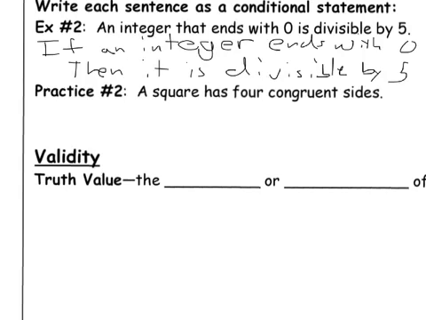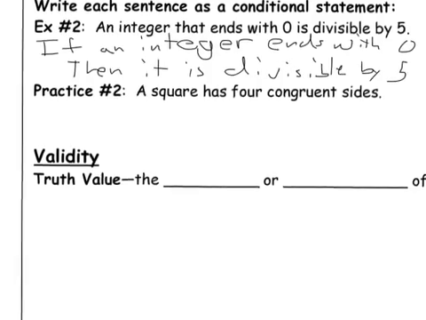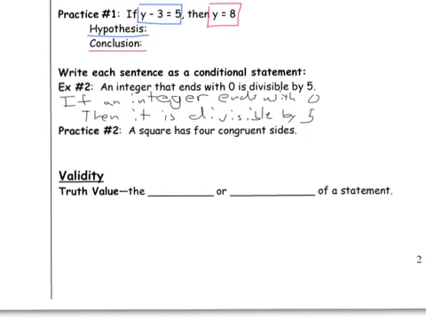Okay, I kind of made the first part my hypothesis. Kind of see like the integer that ends with 0, and then I made this my conclusion. So that's kind of how I broke it up. And sometimes you're going to have to add in some nouns or something.